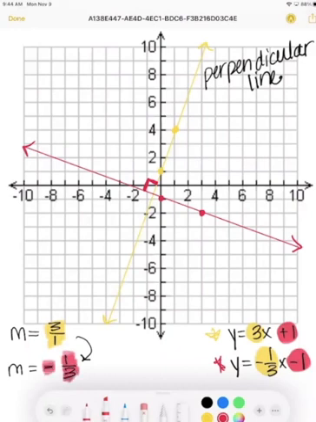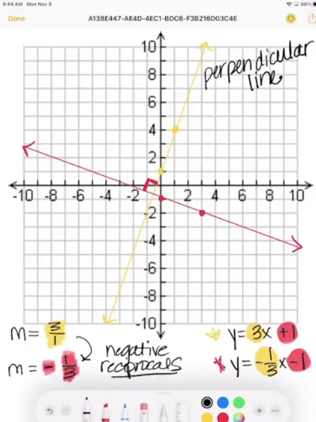So that means the slopes of perpendicular lines are negative reciprocals. Okay, negative reciprocals. So we're going to work more on perpendicular lines. I just wanted to give you guys an example of that.